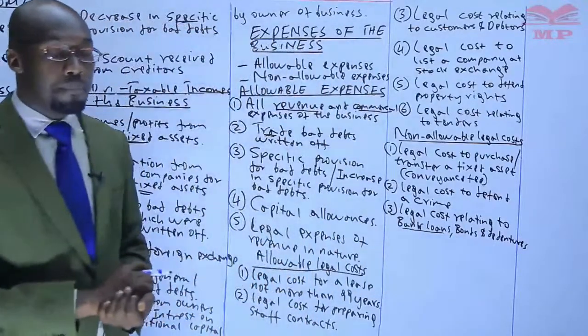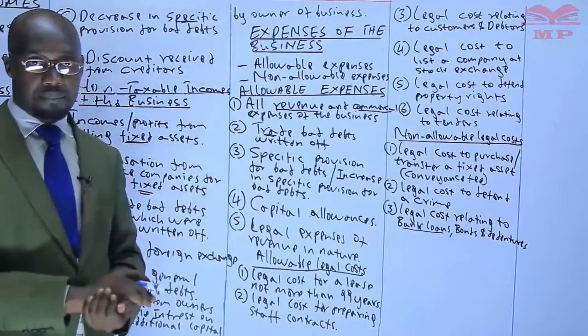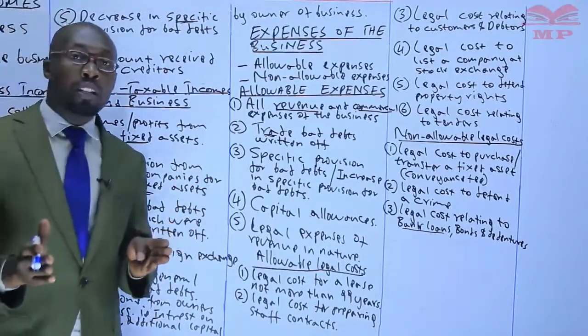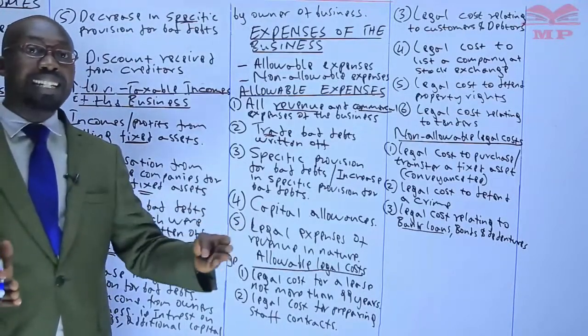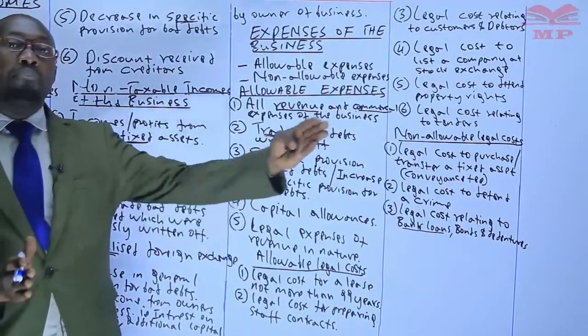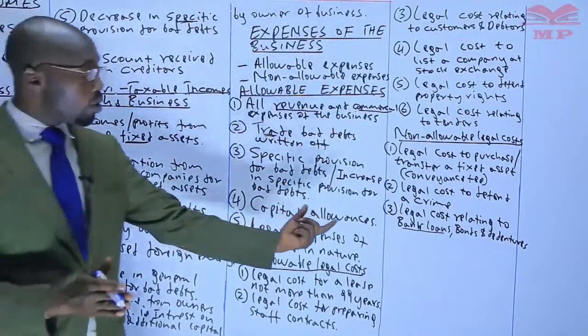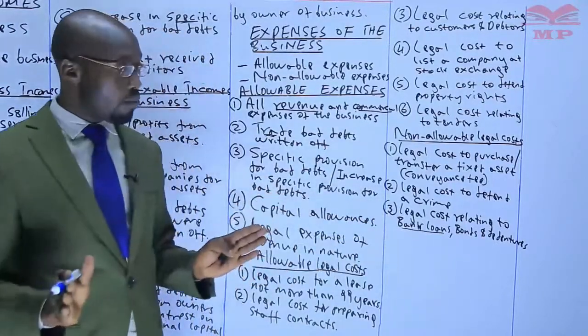Why don't we allow them? Because loans are long-term financing. When you take a loan, the bank will tell you to pay after 8 years or within a period of 8 years, 10 years, or even some others go to 15 years. So it's a long-term item. So the legal cost you incur when you're taking that loan is usually not allowable.